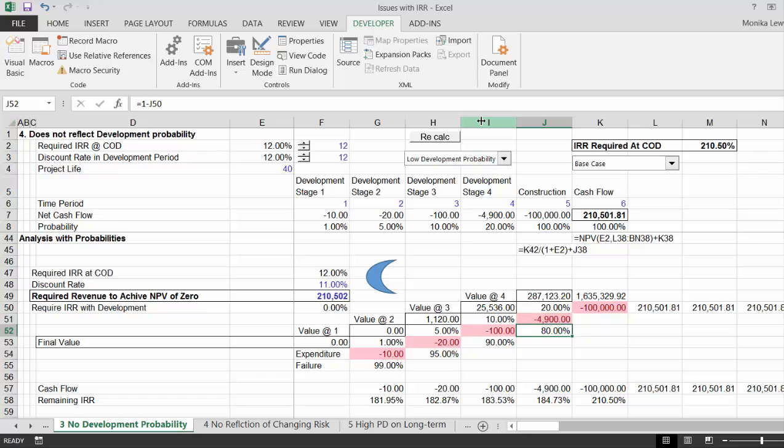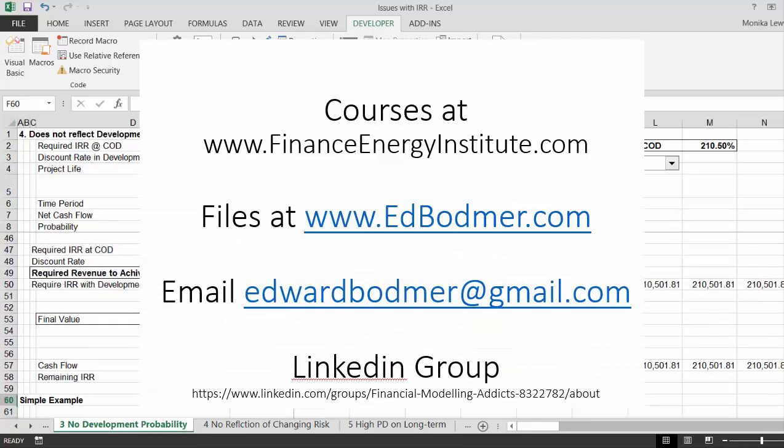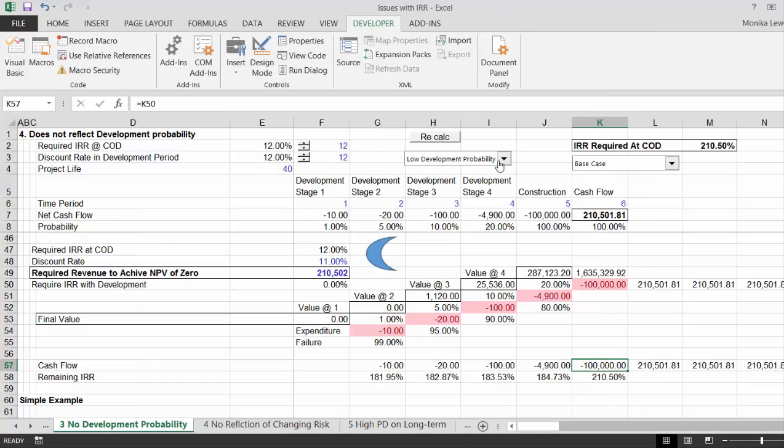You have to make this big expenditure, and in order to make it, you're only going to get a 20% chance of it. So you have to have enough value to cover all of that. And that means we need a 200% return by the time we're finished. Okay, maybe that's too extreme.